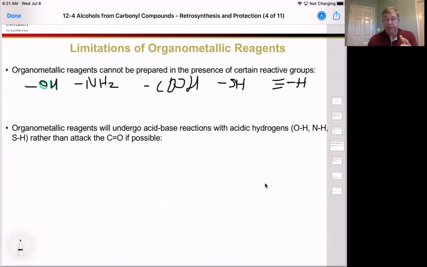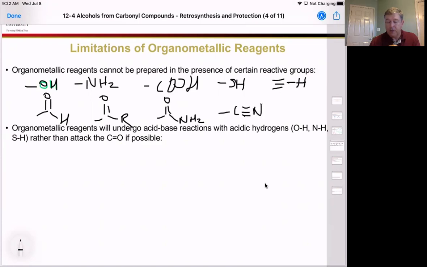Now, the other thing that you might not have realized is you cannot have a carbonyl compound you don't want to react. For example, if you only wanted to react one aldehyde versus the other aldehyde, or one ketone versus another ketone, you don't have that specificity. It's going to react on all of those depending on how much reagent you have. Okay. Now, it'll also react with anything with a carbonyl, like amides, or even nitriles. Nitriles are just like protected amides.